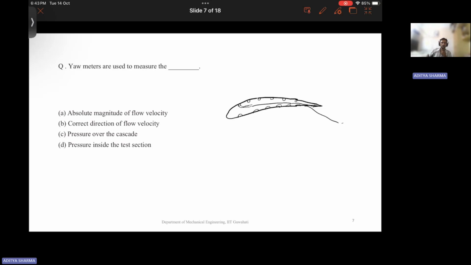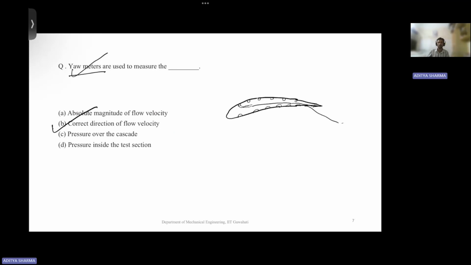So yaw meters are used to measure the correct direction of the flow velocity. This is what we were discussing. Question on yaw meters: the correct answer to this question is option number B. This is used to find the flow direction.